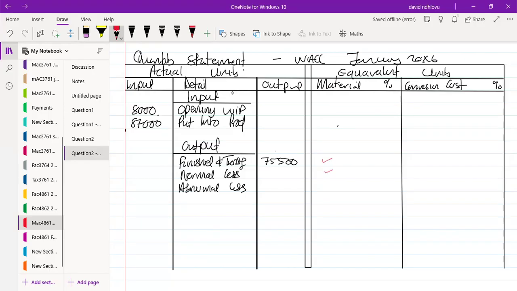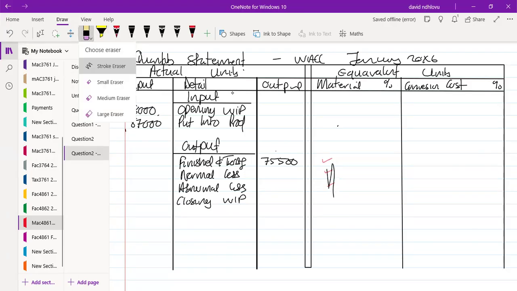If we incurred more than the normal loss, some of it spilled into abnormal loss, or some of it is sitting in closing WIP. Remember there is continuous production. By the end of the year, there may be units that we have not yet completed, and they are still sitting on the production floor. That is closing WIP. So the output explains where the input went.